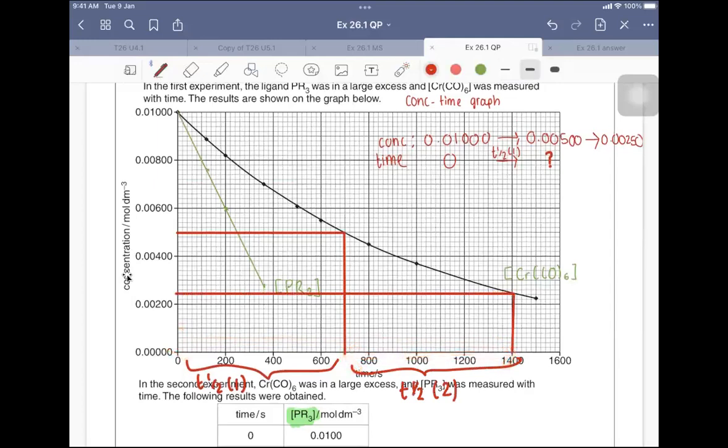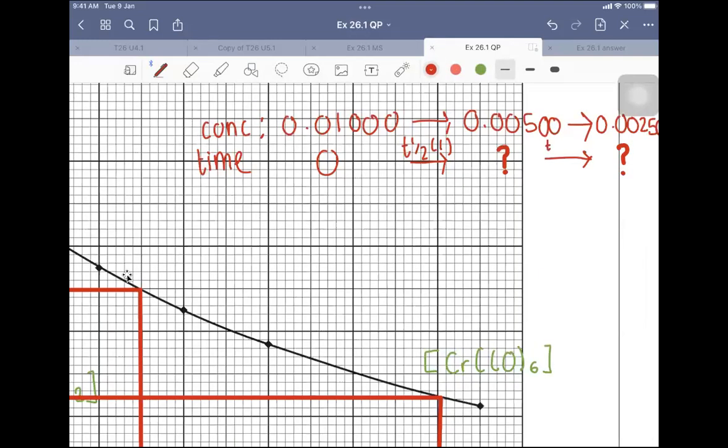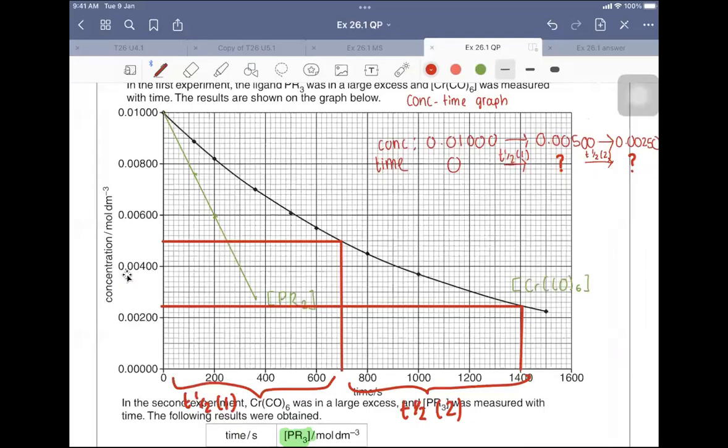And so if we were to add that in, that's another thing that you need to read off from your T half 2. So this working is actually not needed. If you can see the half-life graphically, then that's great. But the most important thing is you must show the line on the graph.